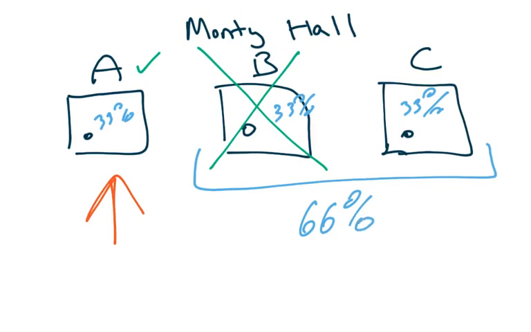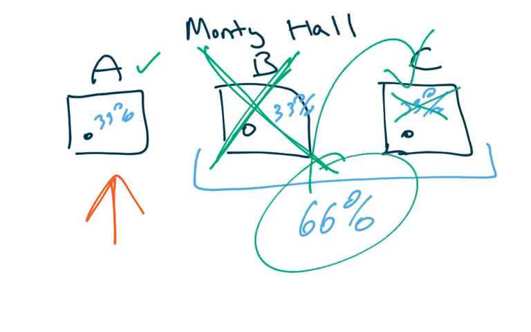So in the next step, when I took away door B, that 66% all went to door C. And this is really interesting, because even if you chose door C initially, and then I took away B, it's still in your best interest at that point to switch to A.